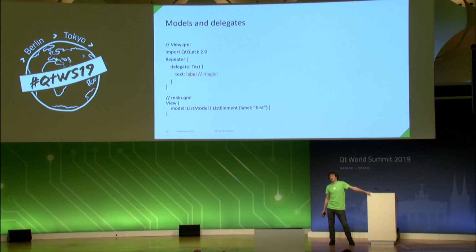Now, let's talk about models and delegates. What does this do? You have a view. You pass in a list model with an element that has a label. And you have a repeater. No, that's wrong.